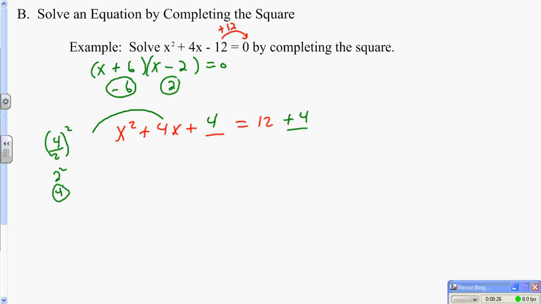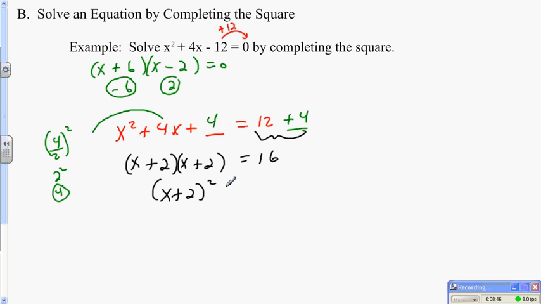It's legal, so to speak, because I did it to both sides. Now the benefit now is that if I factor it, I have 16 on the right side now. I will have the same thing in both parentheses, which will allow me to write it as one binomial squared.